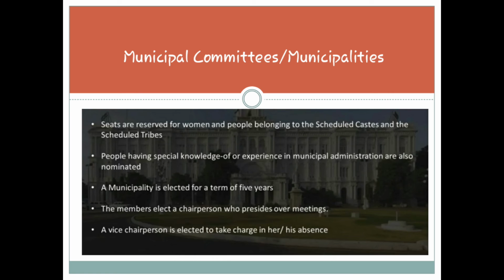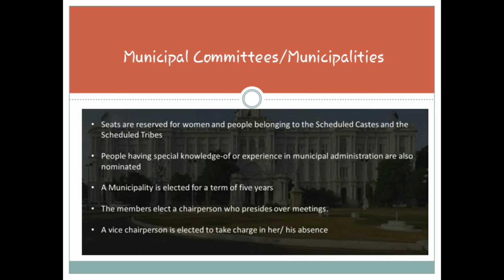Seats are reserved for women and people belonging to scheduled castes and tribes during the elections to this committee. It is again elected for a term of 5 years, and the members elect a chairperson who presides over meetings. A vice chairperson is elected to take charge when the chairperson is absent.